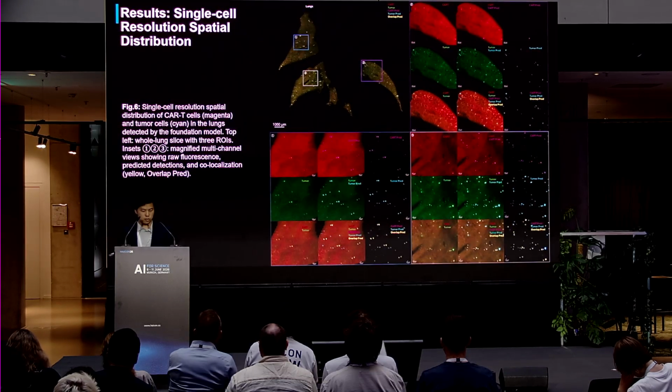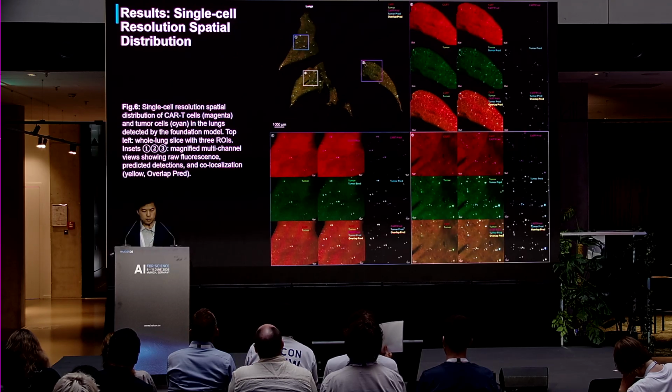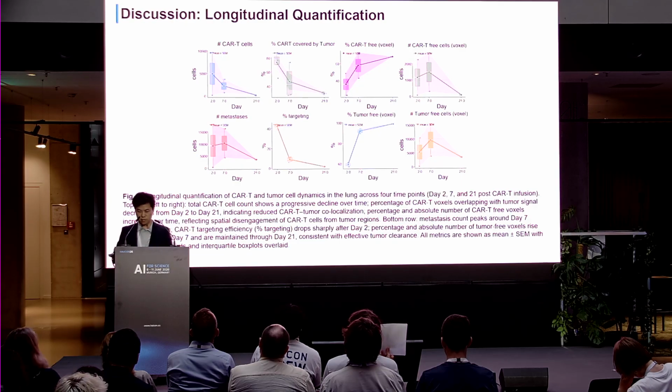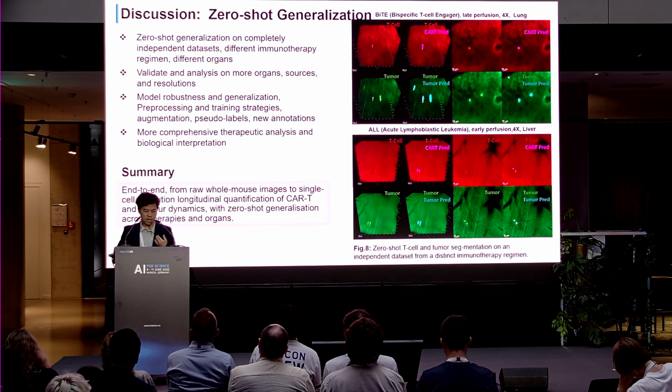And zooming in, we can see the single-cell resolution spatial distribution among the whole tissue. What's more, we also did longitudinal quantification across many mice. And we found that our model has zero-shot generalization on completely independent data sets as well.